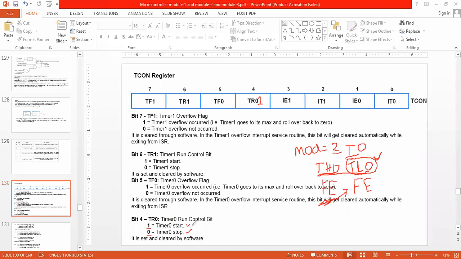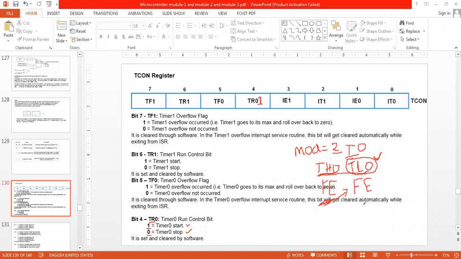Understood? It is like a motor. When I press the button, the motor will start. When I switch off the button, the motor will stop. So it is like that. This timer will start incrementing and stop incrementing by using TR0. If I make this bit 1, then it will start incrementing.